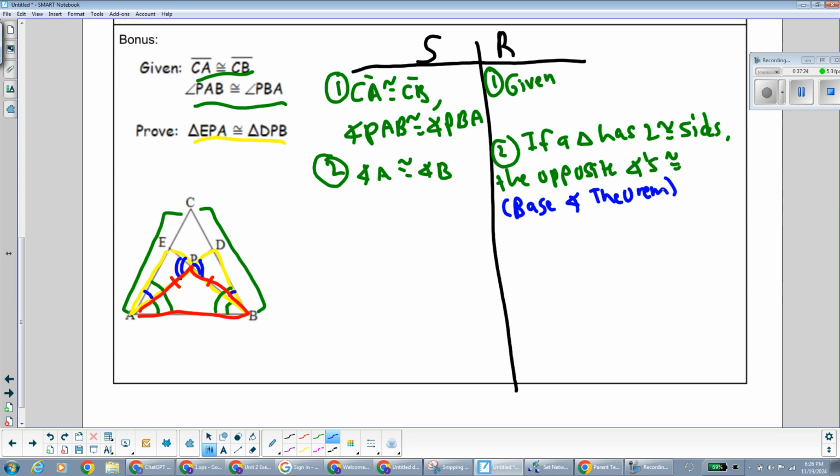Okay. Now we've got to do the subtracting. Subtraction. And I'm going to show out my subtraction here. I know that what I want to end up with is angle EAP, because we put that angle in blue, congruent to angle DBP.